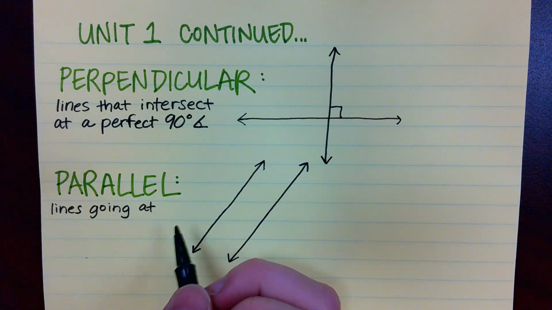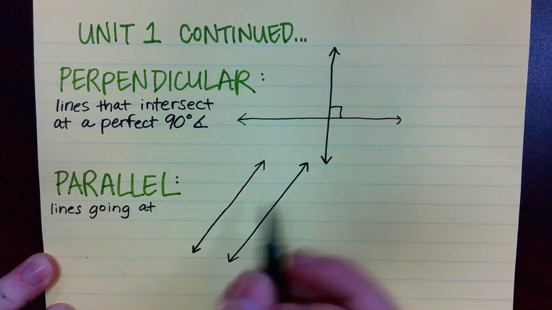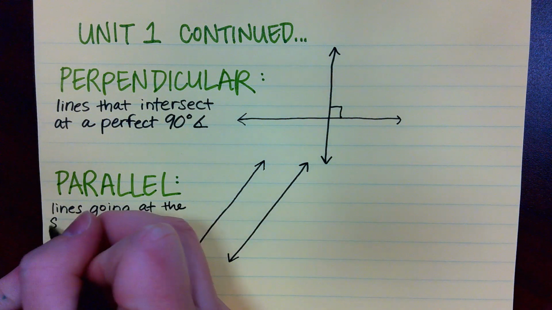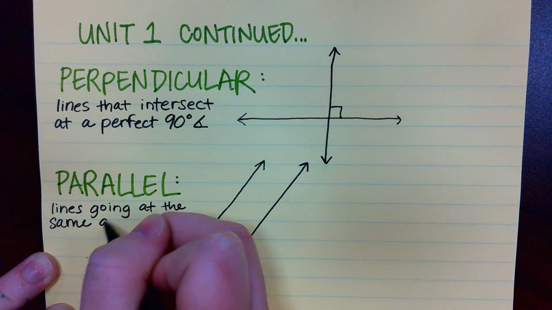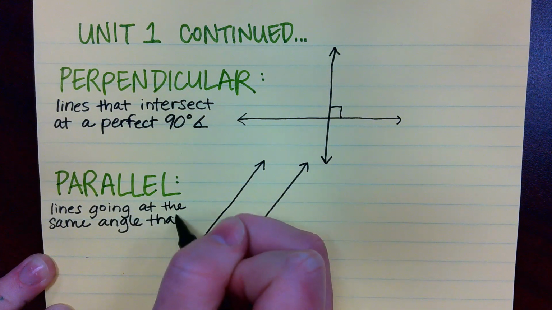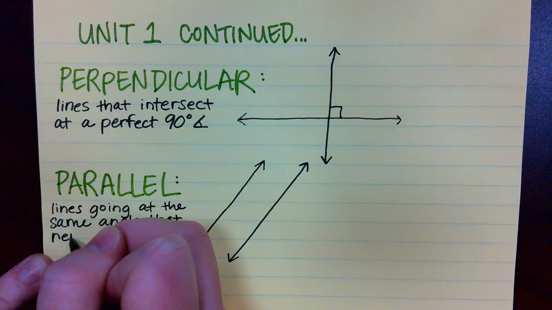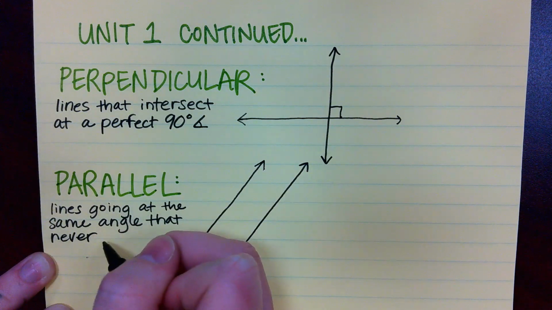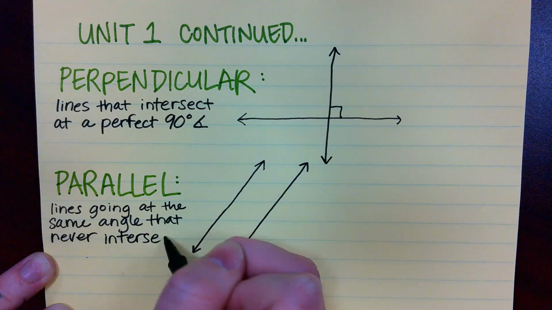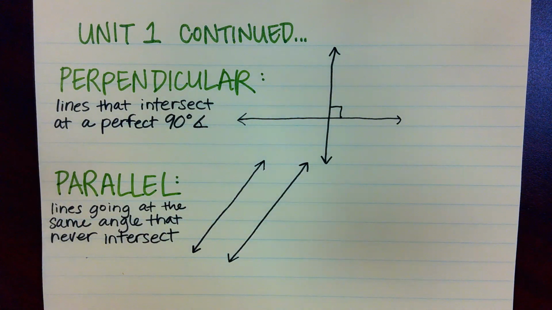Yeah. Good. Good deal. Okay, so lines going at the same angle that never intersect. Or you could say never meet or never touch. They never intersect.